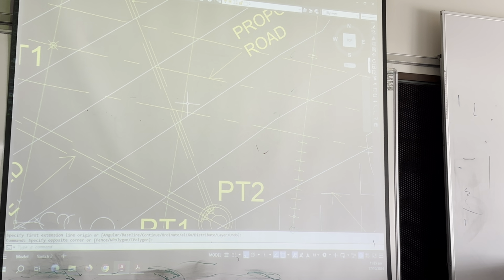So if I take off offset 0.23 on both sides, and then of course it's going to be 0.38 from then on.